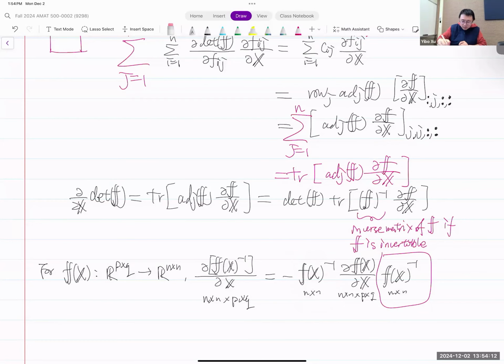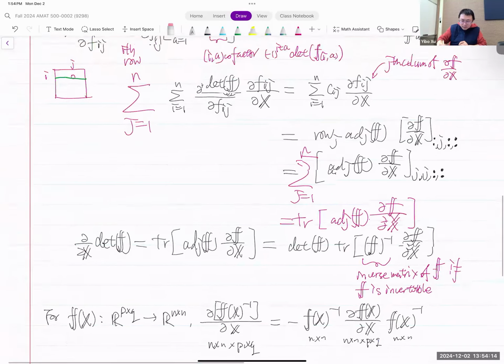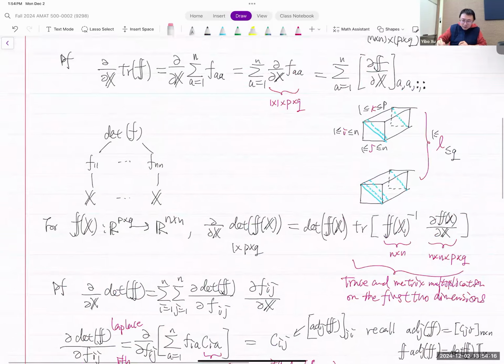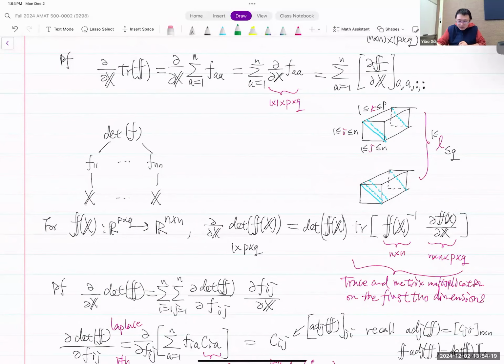So if you go a little bit above, the image, that F inverse is multiplied here and here for every slice. Okay, so left multiplication and right multiplication for every slice, that's resulting in the tensor on the right hand side.